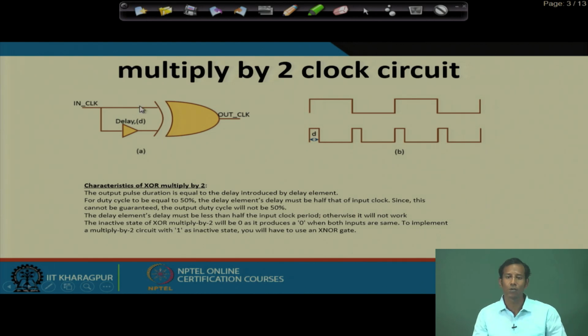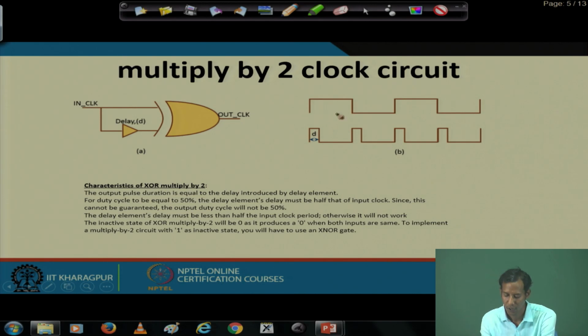In one input we pass the input clock, and in the other input we place a buffer through which we pass the corresponding clock signal. Whenever we use this circuit topology, there is a delay, and depending on that delay, let us see what will happen.